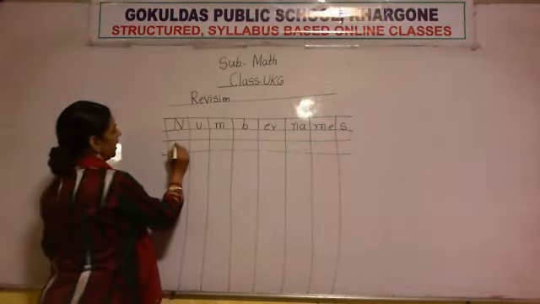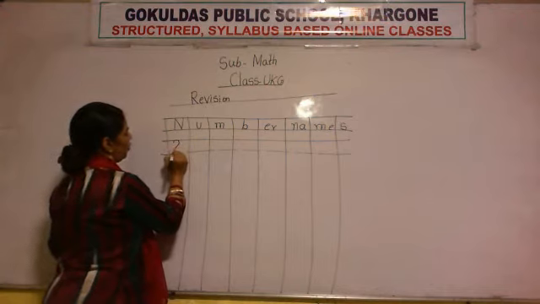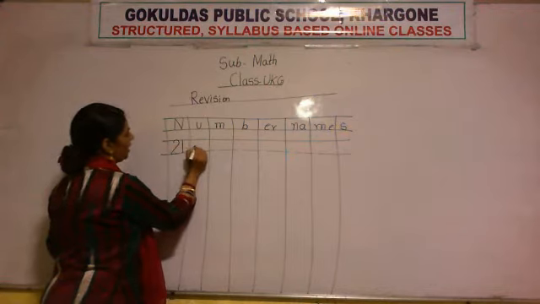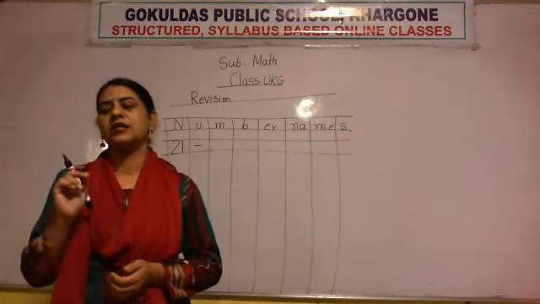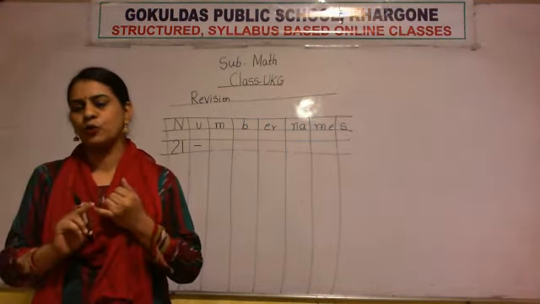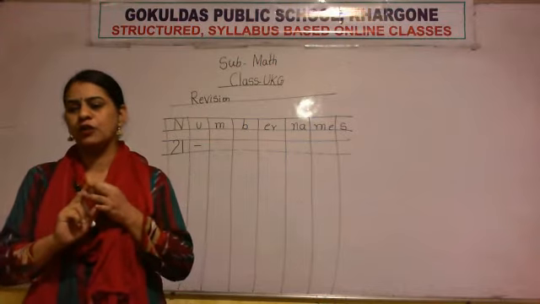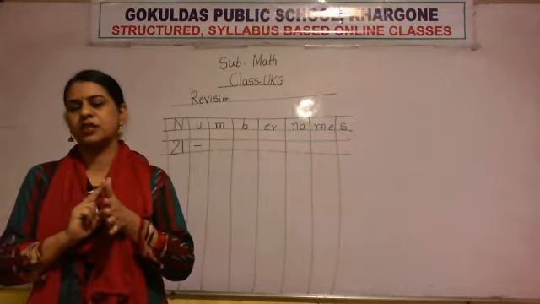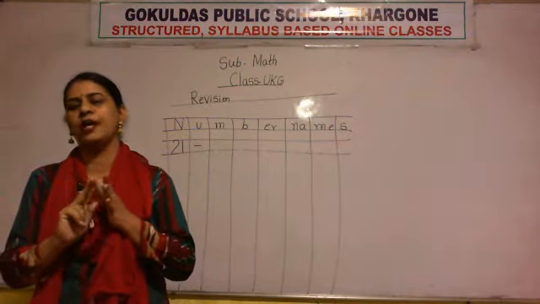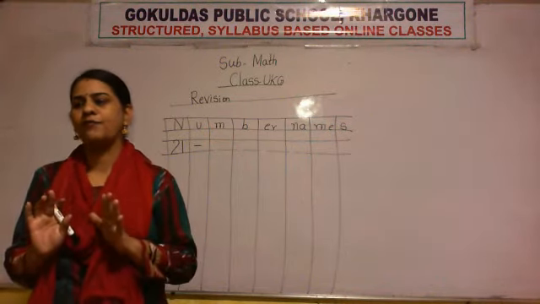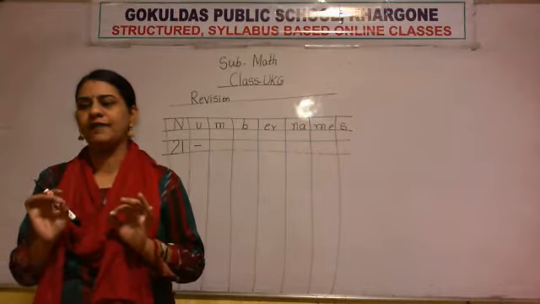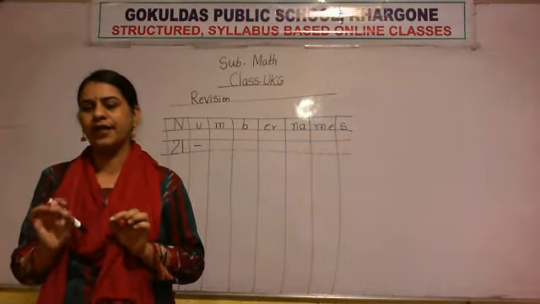So right here 21. I told you when you start after 20, for 20 30 40 50 60 70 80 90, for all these number names at the end we will join TY.